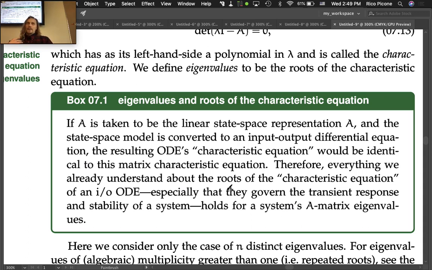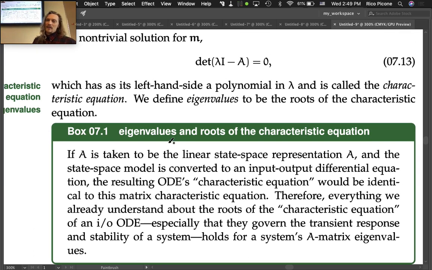So they're the same characteristic equation, that's why we're using the same name. If you started out with a state space model, converted it to an input-output ODE, and found the characteristic equation, it would be equivalent to finding the characteristic equation using the formula in 7.13. And by the way, it's a lot less work. So that's pretty sweet.